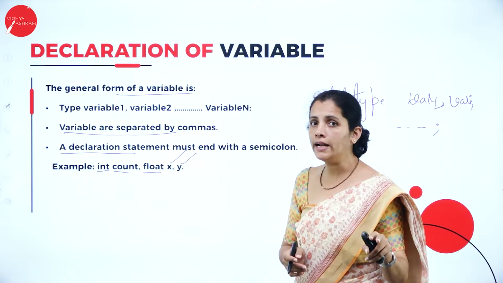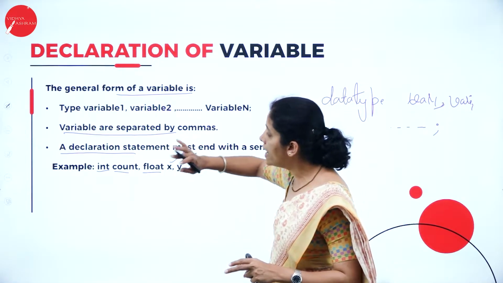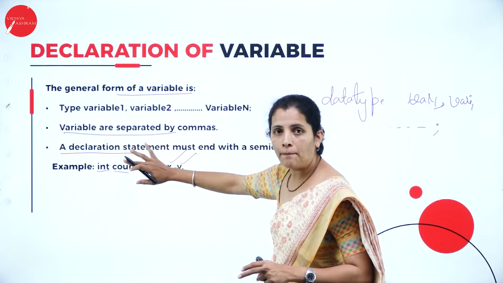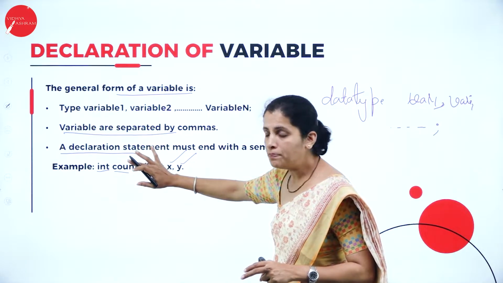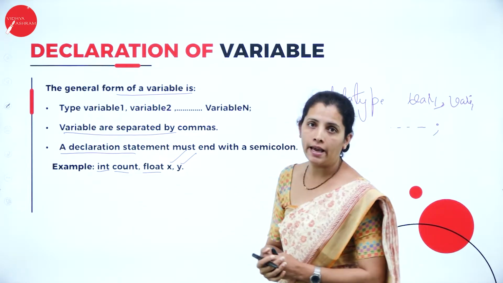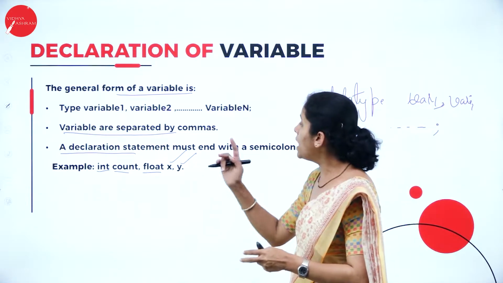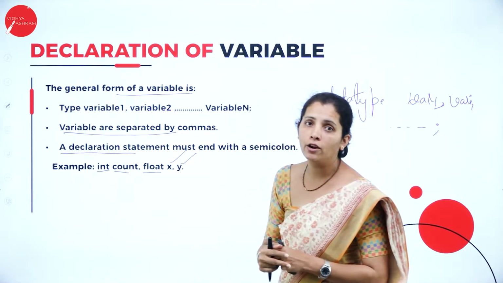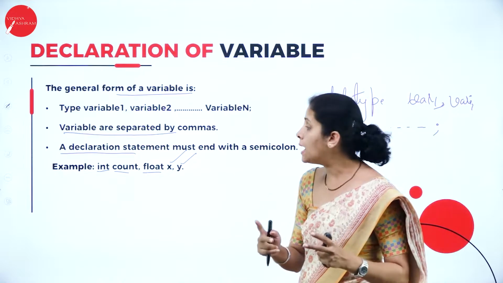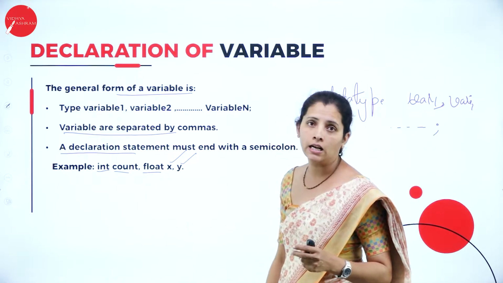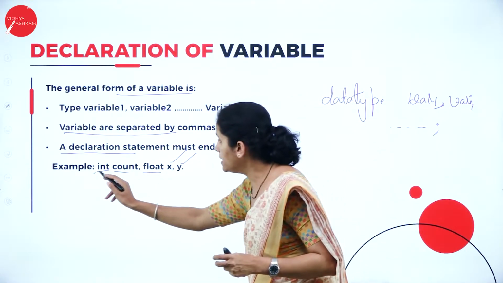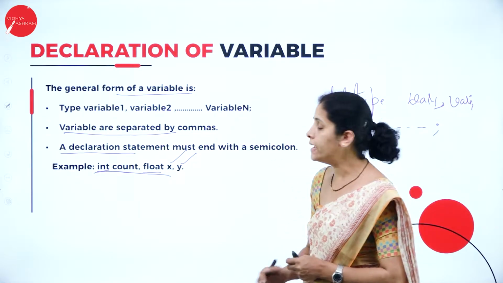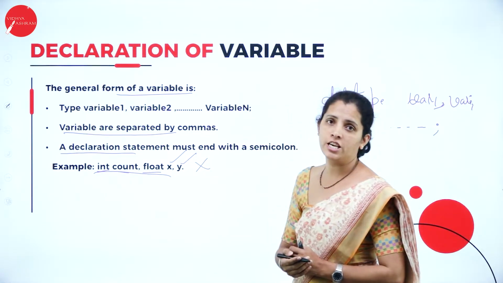Now, dear student, if I write the same example in my program, then I'm going to get an error, because in one single statement I cannot club two different data types. So if I write this line, then I'm going to get the error message.